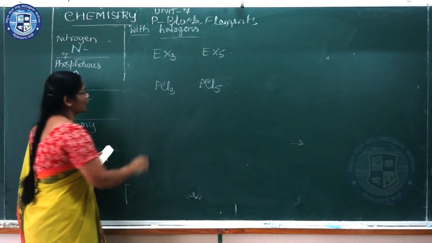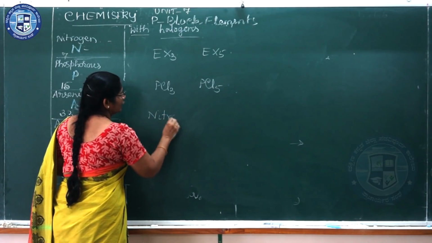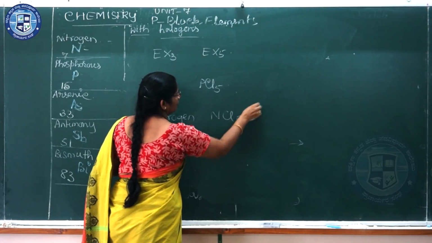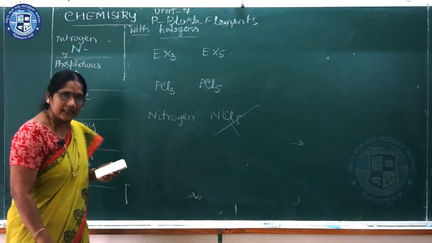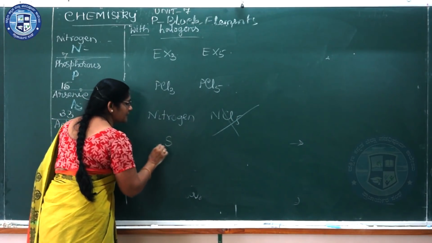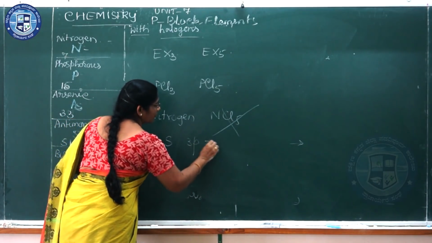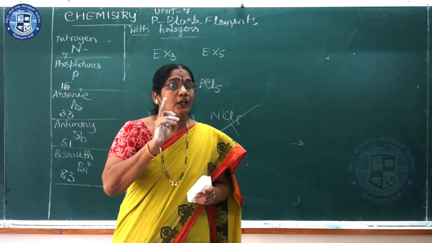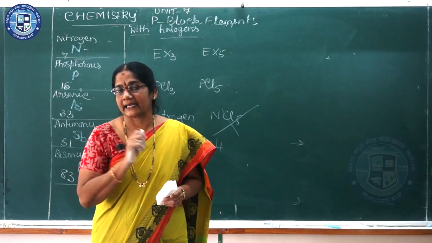But in this case, we have to remember nitrogen cannot form NCl5, because in nitrogen we have one s orbital and 3 p orbitals, a total of only 4 orbitals. There are no d orbitals in the second shell.